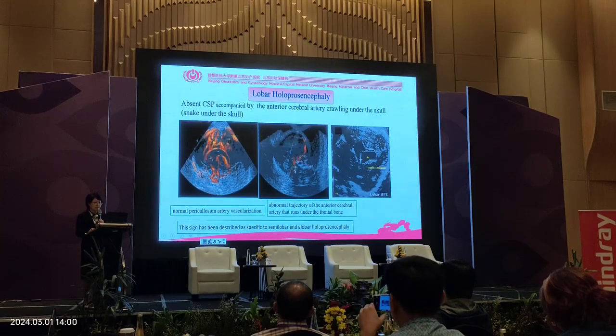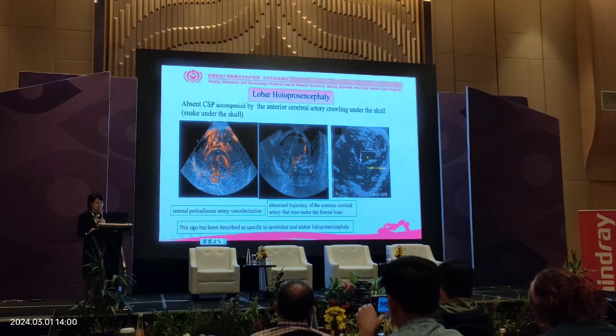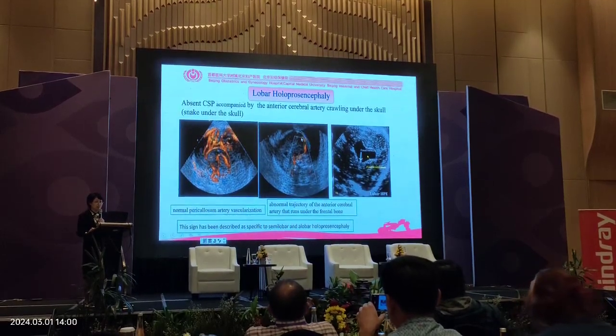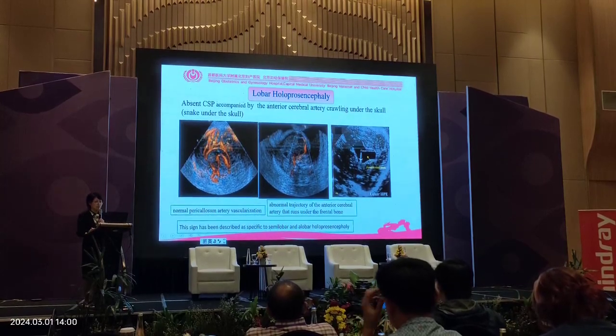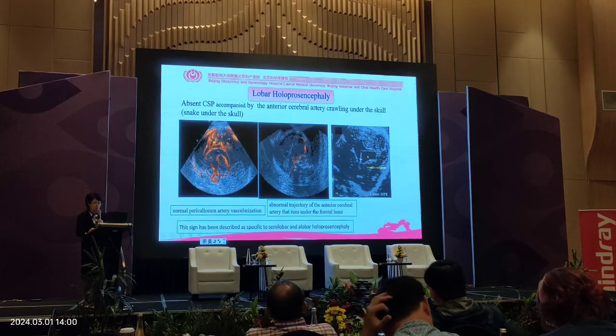We can see the anterior cerebral artery, and the rest of the frontal bone is very close to the skull. This sign has been described as specific to semilobar and alobar holoprosencephaly. It's a new marker for the artery flow.